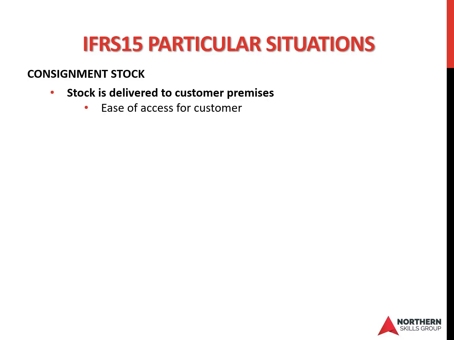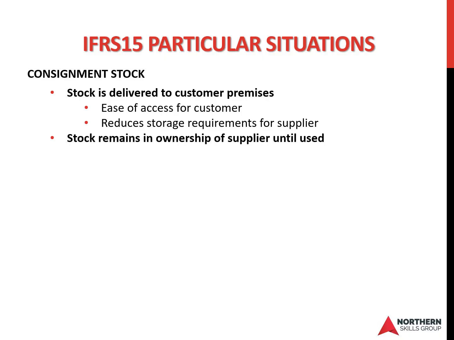There are advantages there for the customer because the stock is on site, so when they need those materials they can access them very quickly, and there's an advantage for the supplier as well because there's less storage required if those goods are stored on the customer's premises rather than on their own. So there are advantages to both parties in consignment stock.